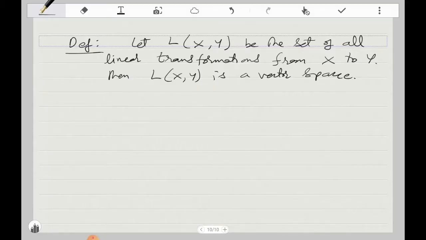So for that, there is a natural way of adding two linear transformations. Namely, if I take T1 and T2 in L(X,Y), then T1 plus T2 is a new linear transformation. So I define it in the obvious way. Its action on a vector x, I define it to be T1 x plus T2 x.